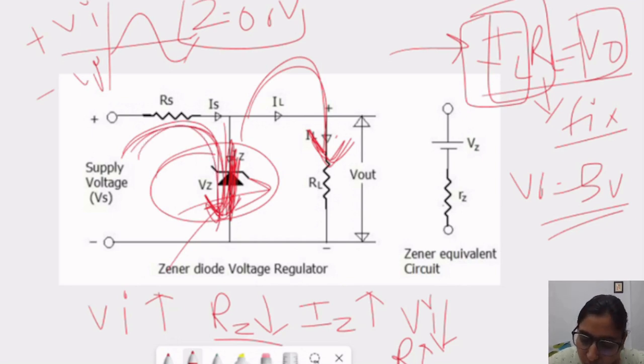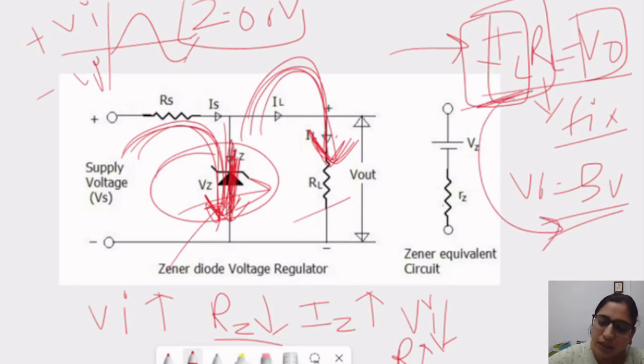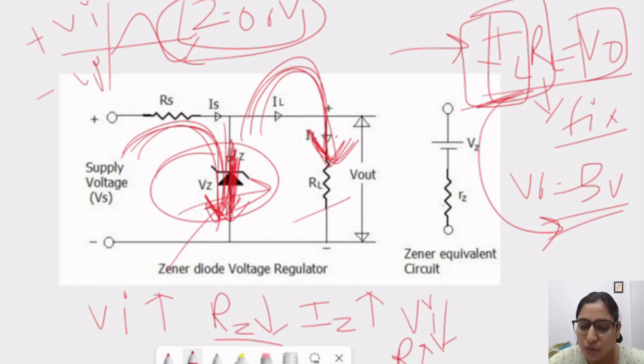If all current is flowing towards the diode, it means very little current is going towards the IL RL. So the output will remain at 5 volt, even if the input voltage is more than 200 volt, up to the maximum value that the diode can handle.